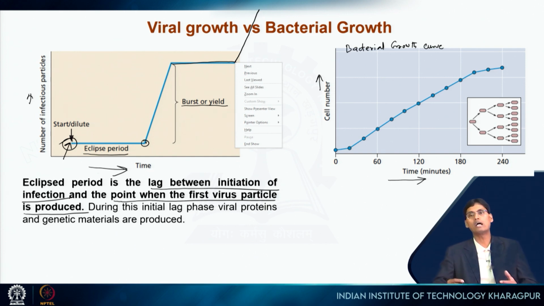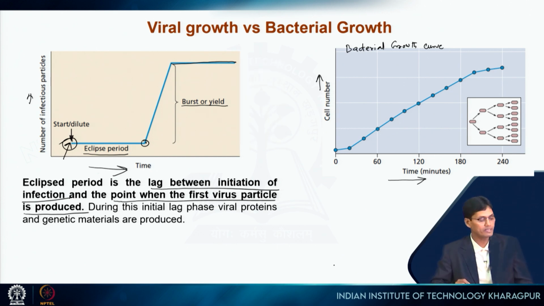But at some point our immune system will take over and will most likely clear the infection, so no more viral growth should be there. So this is the major difference between the growth patterns of virus and bacteria.